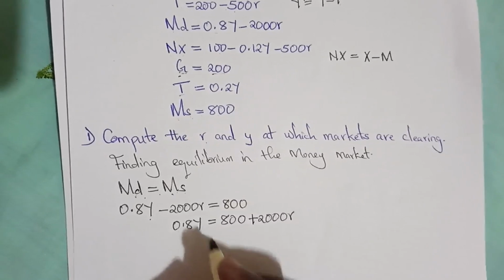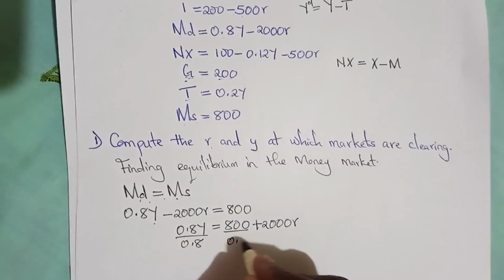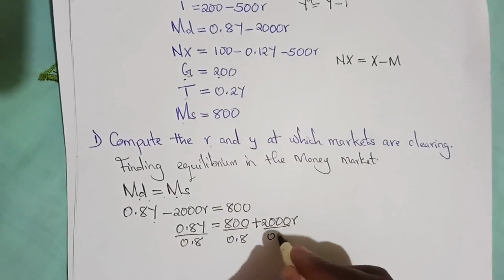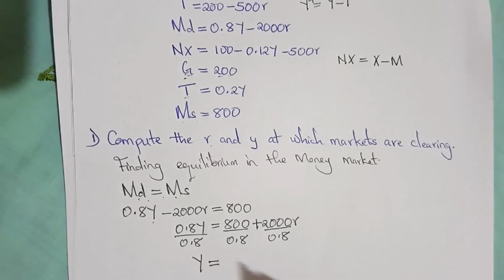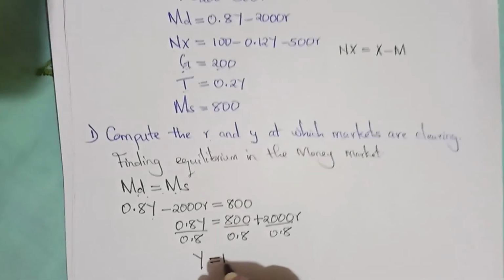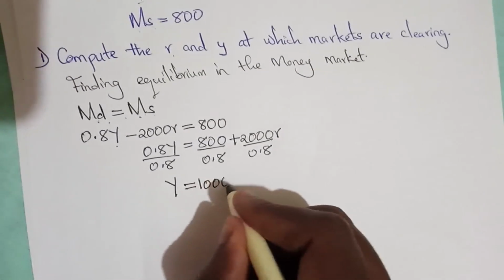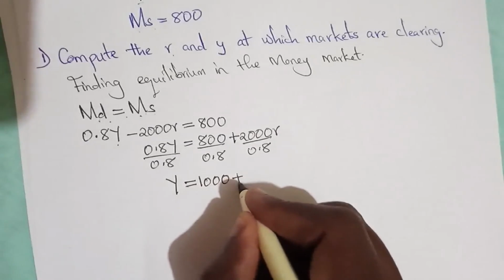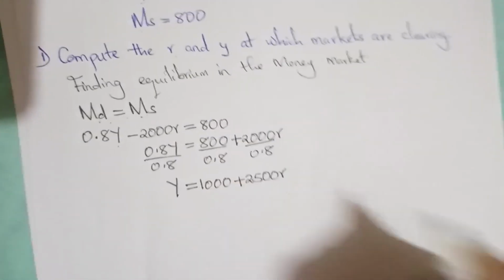For you to remain with Y, you divide both sides by 0.8, so that you remain with Y. The first equation is Y is equal to 1000 plus 2500R.